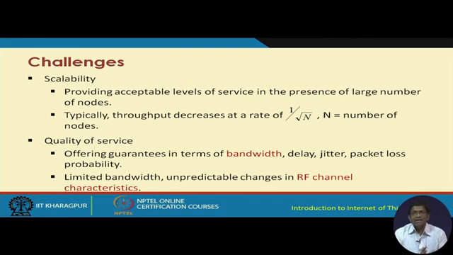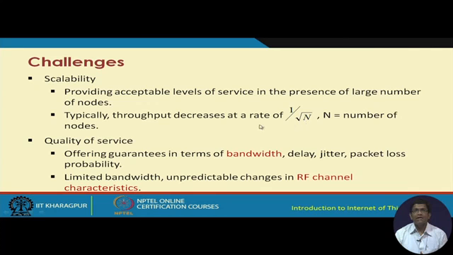So, there are different challenges in implementing sensor networks. Scalability is one. Scalability means that if you are increasing the number of nodes in the network, how is the throughput going to behave? Theoretically, in the past it has been shown that if n denotes the number of nodes in the network, then the throughput decreases at the rate of 1 over square root of n. As we can understand, from 2 nodes to 4 nodes, the throughput goes down drastically.